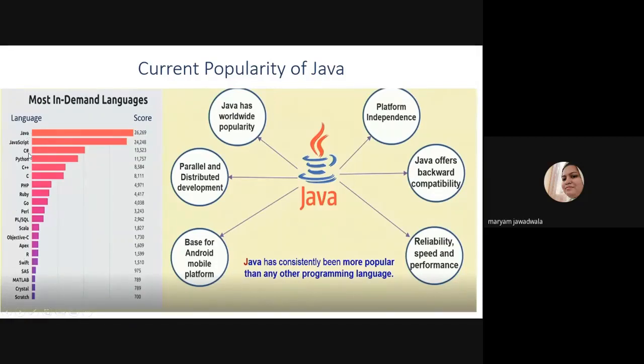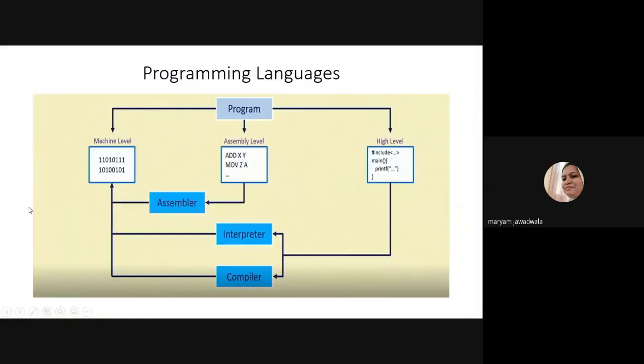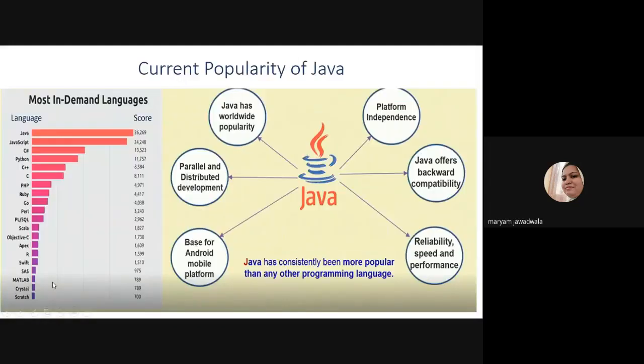Then you have C Sharp, Python, C++, C, PHP, Ruby, Go, and many more. If you see the popularity graph, Java has the highest popularity, right? So why does Java have the highest popularity? Due to these features, Java has worldwide popularity.